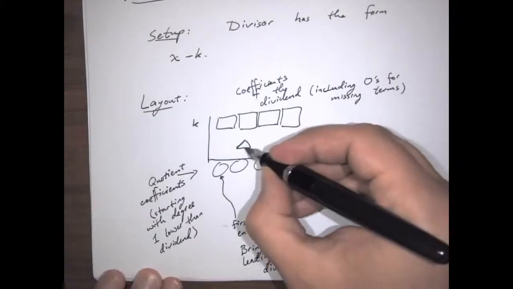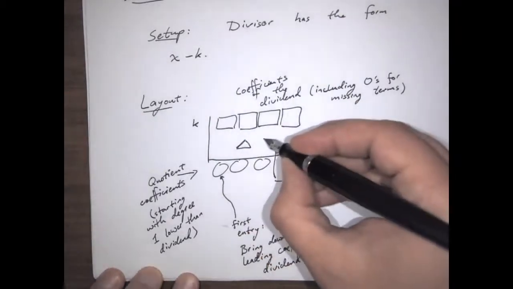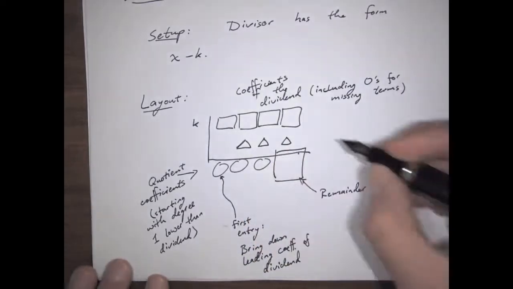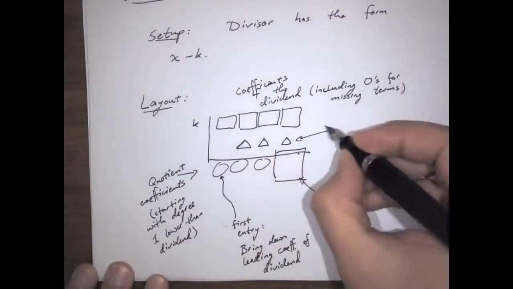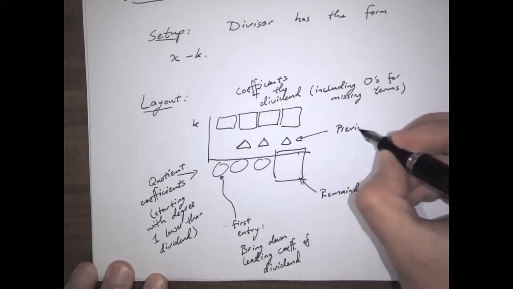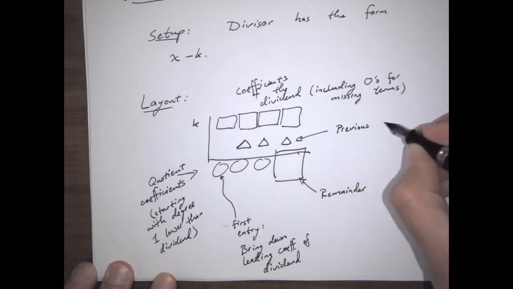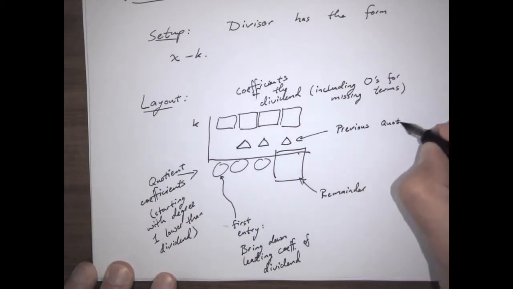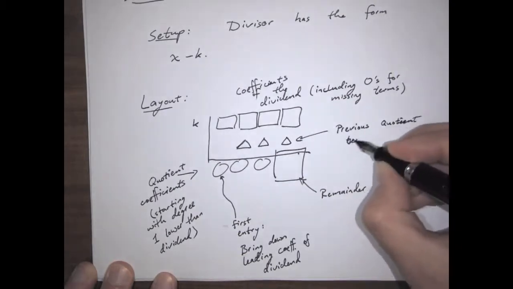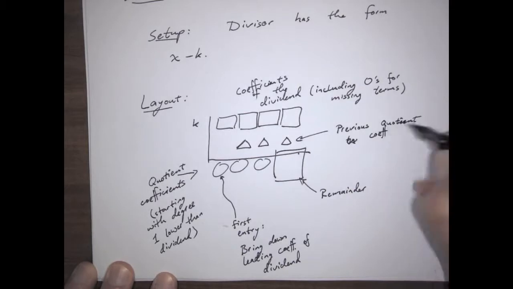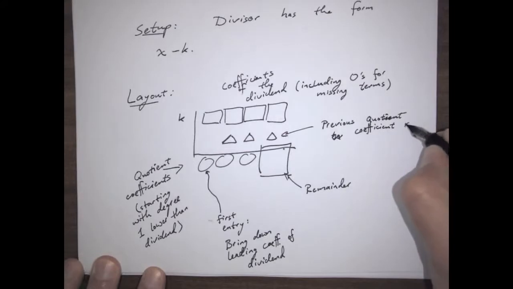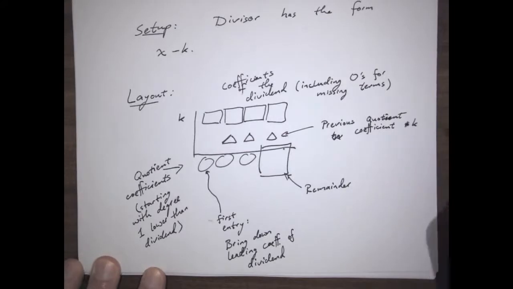And then what happens here is you make these little triangles by taking the previous quotient coefficient times k.